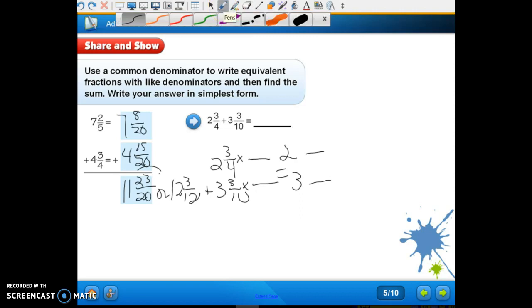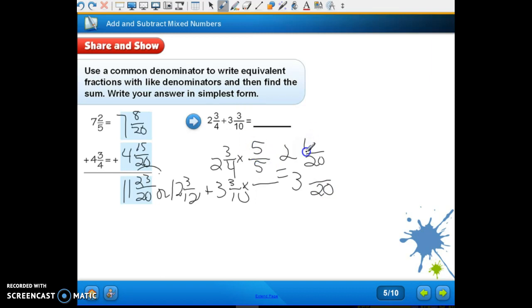Is that our least common denominator? Yes. So we're going to have 20 and 20, and 4 times what makes 20? 5, right? So we have 15. And 2 times 10, so we have 6.